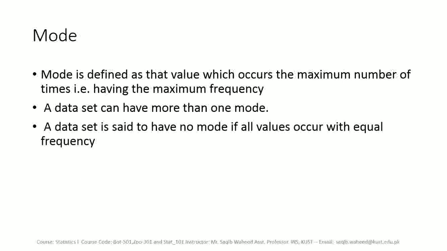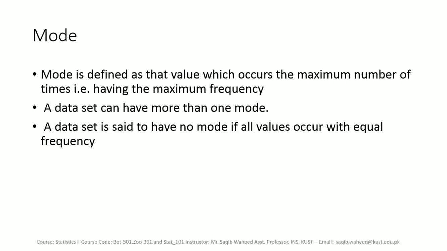Now, what is the mode? The most frequent value in the group of data is called mode, or mode is defined as that value which occurs the maximum number of times, that is having the maximum frequency.